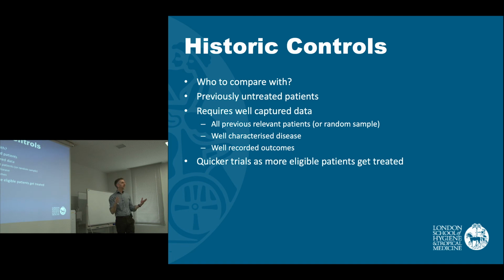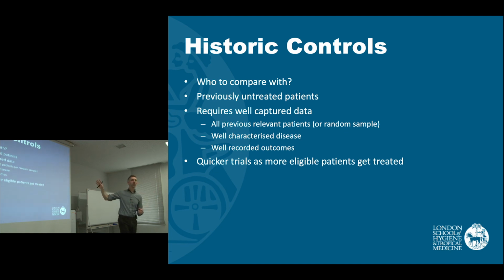There are lots of considerations that we need to be careful about if we're going to do this. So we need to be careful exactly who we would compare with. What sorts of patients were they? Are they easily identified from a data source that already exists? And it would be really important that we capture all of the relevant information for those patients, such as what disease stage they were at, what their outcomes were.